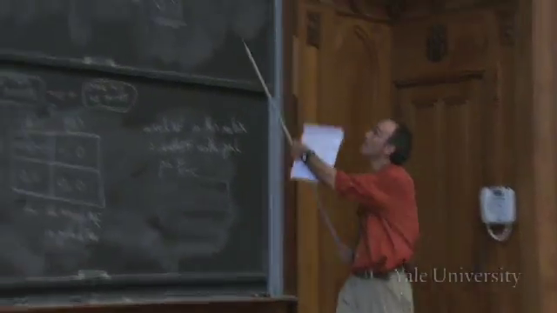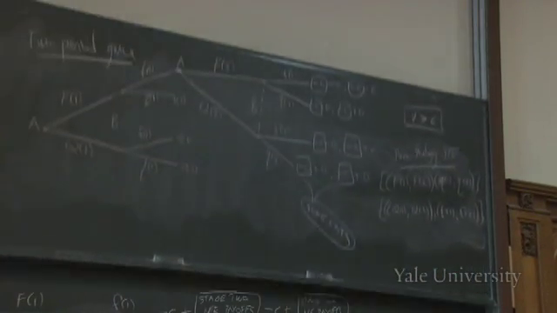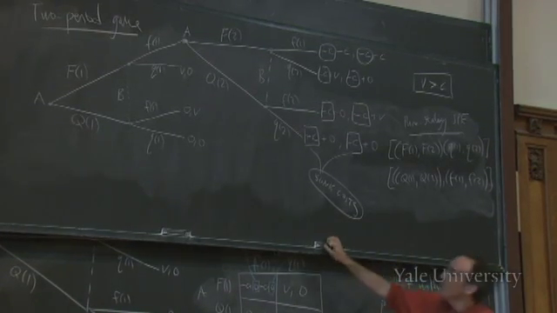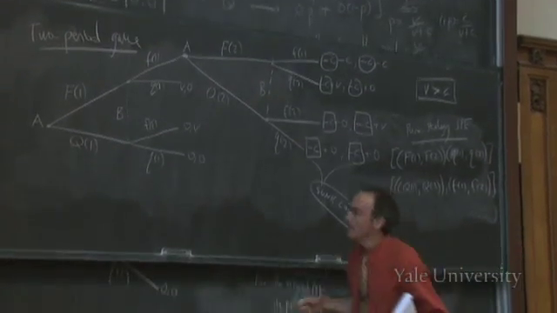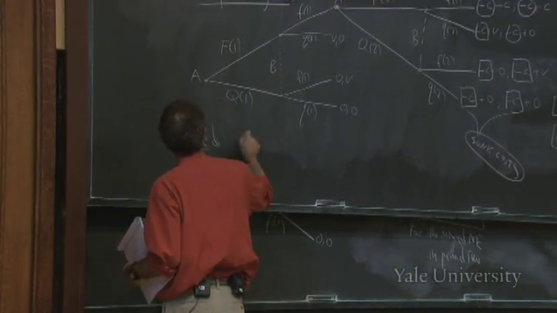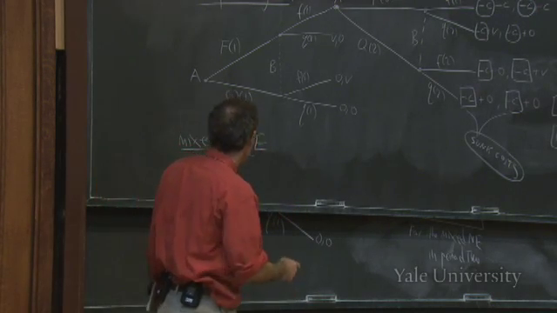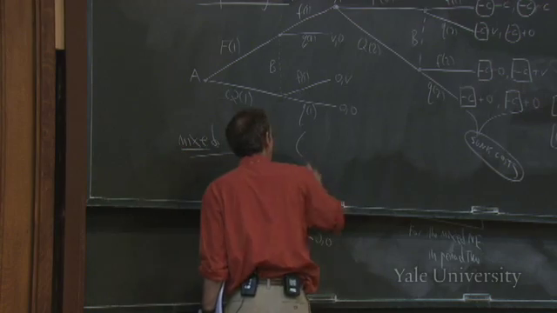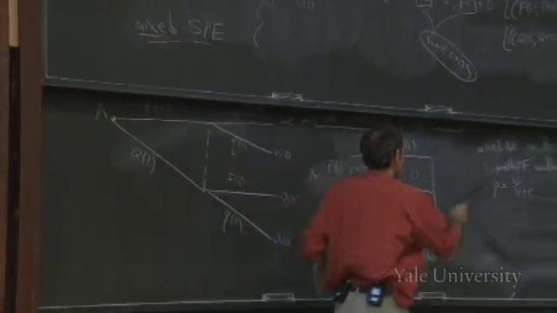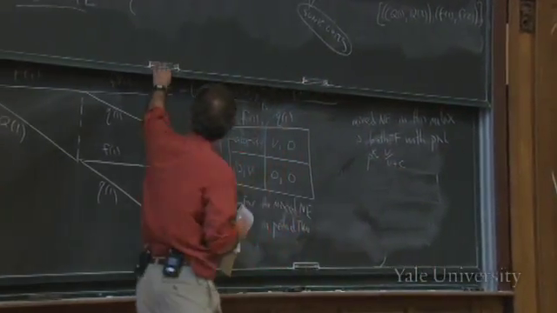Let's drag it down. Here's our whole game. We found the pure SPEs, but now we're ready to find the mixed SPE. Before I do that, let me give this P a name. Let me call V over V plus C, P star.